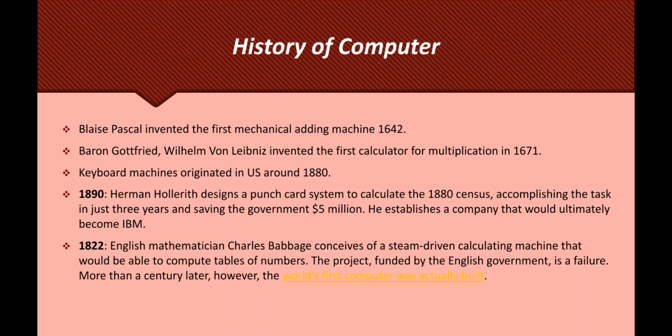We know that Charles Babbage is the father of the computer system, who actually developed the actual concept of computing. So what Charles Babbage did, he conceived of a steam driven calculating machine that would be able to compute tables of numbers, right? So these are the things which were made by Charles Babbage.